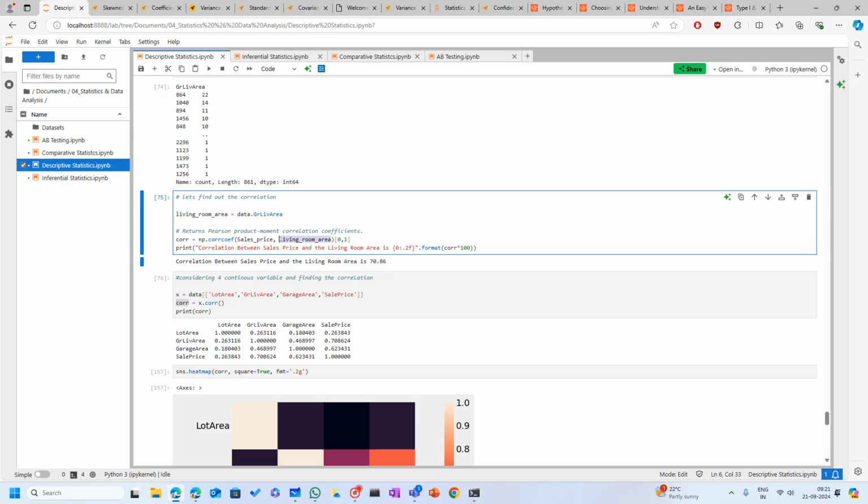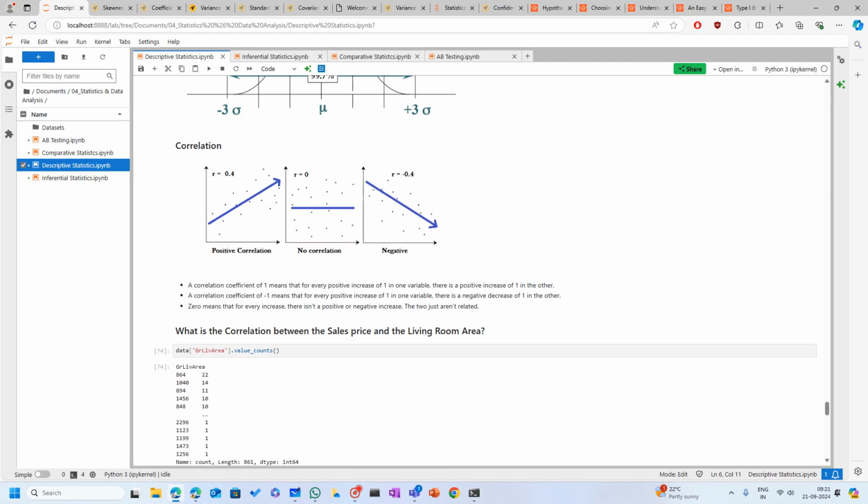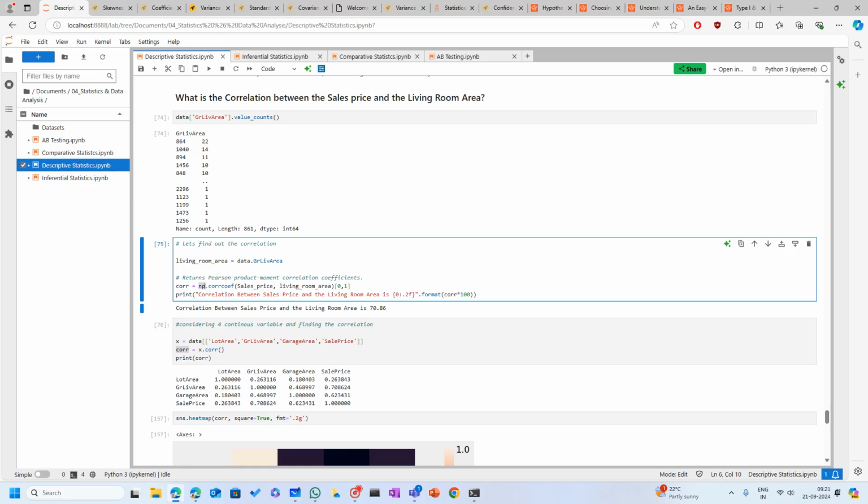In numpy you have a direct function, so you can make use of this. I have multiplied it by 100, and here you can see 70.86.